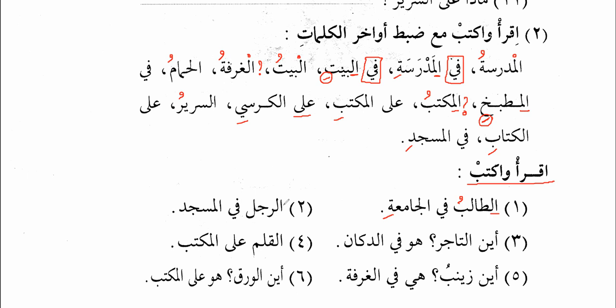Now, when you read an Arabic sentence or an Arabic book, you basically don't say at-talibu fil jami'ati. Since you are a student and you have started learning Arabic, reading the harakas is a nice practice. If you read with the harakas, you know what harakas are coming, and it is a good practice.